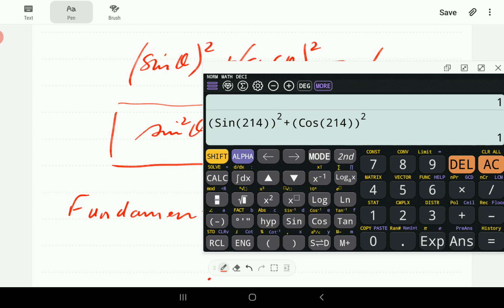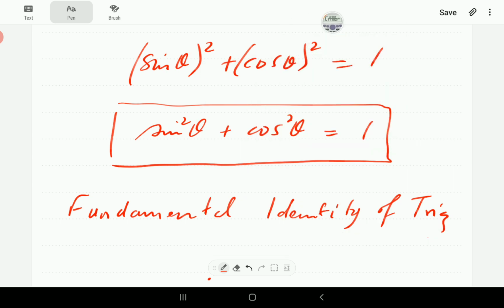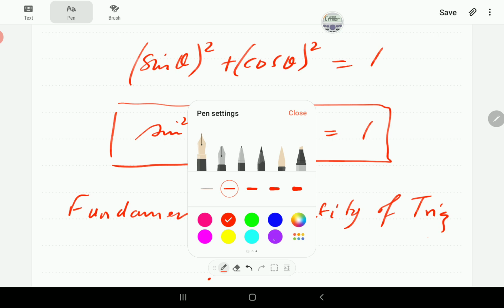Okay, so this is always going to be 1, and it's called the fundamental identity of trigonometry.